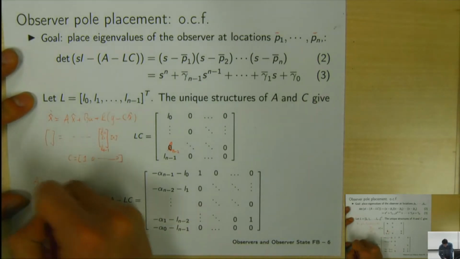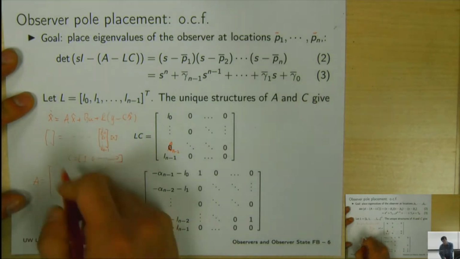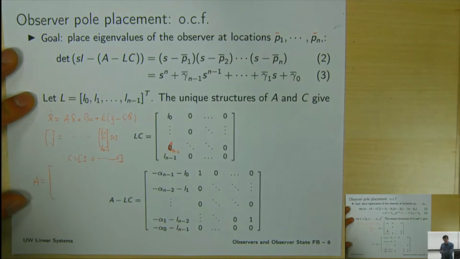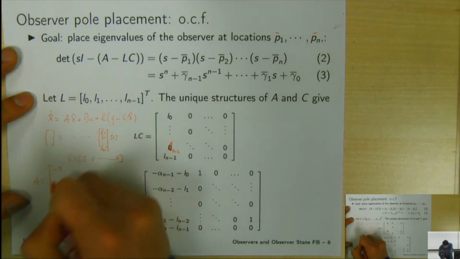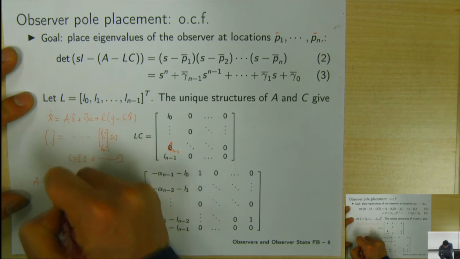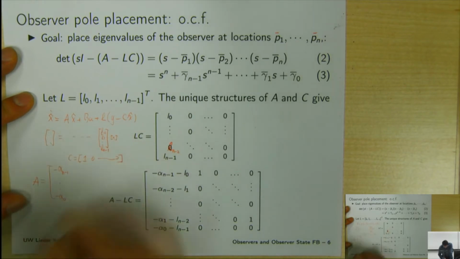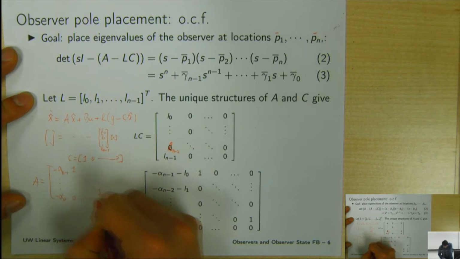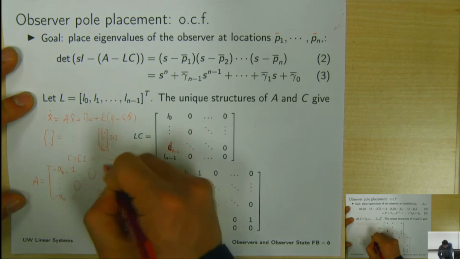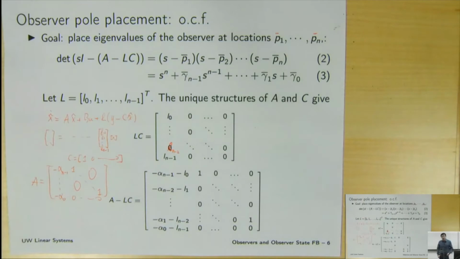So comparing this with the structure of the A matrix in observable canonical form, so this is the A matrix in observable canonical form.